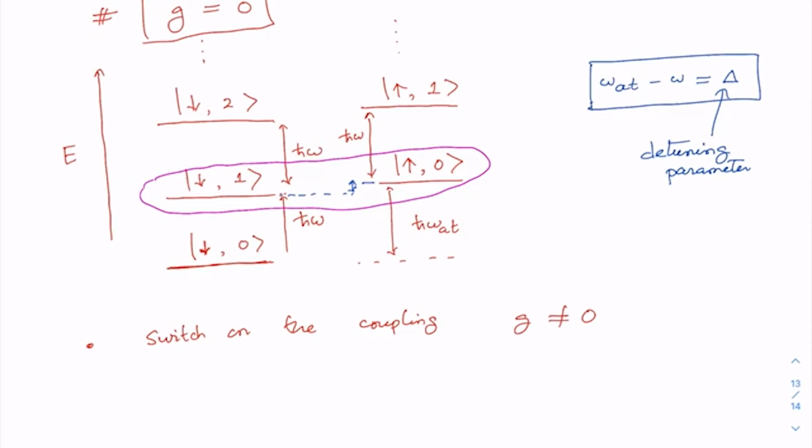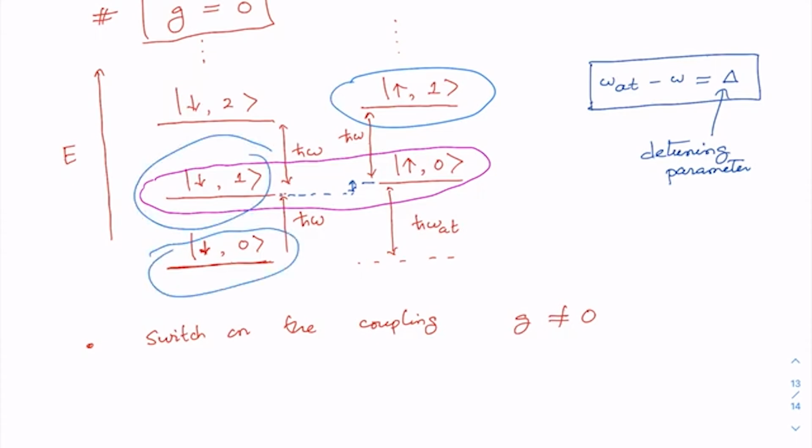For example, we can neglect the transition between this energy level and this energy level, or this one and this one. Hope you are getting the idea.